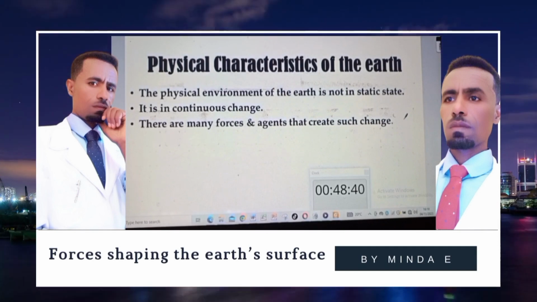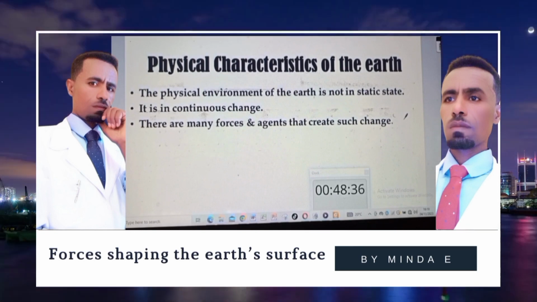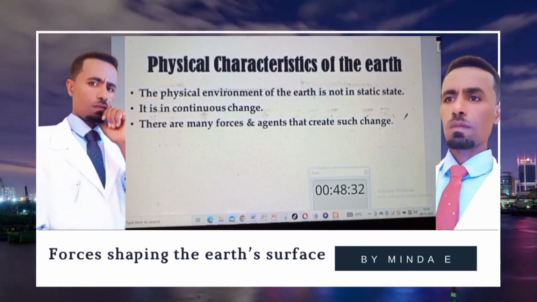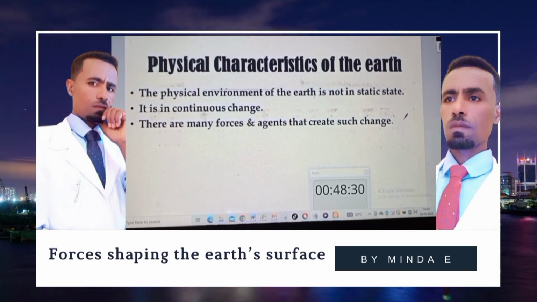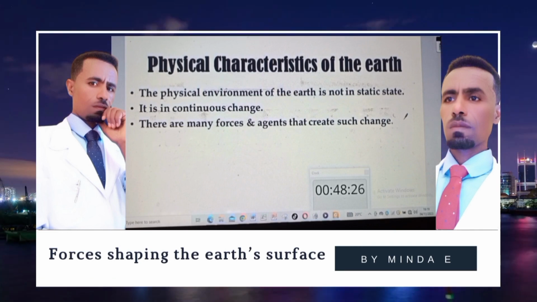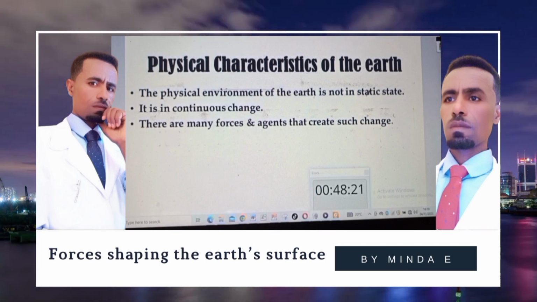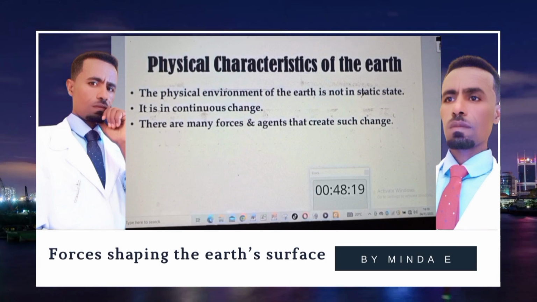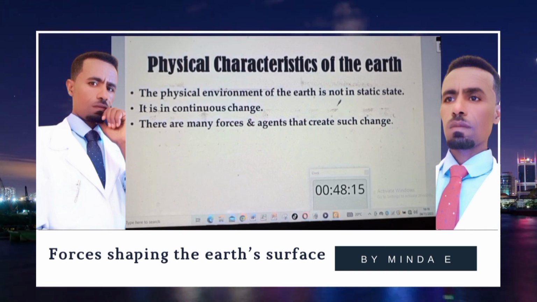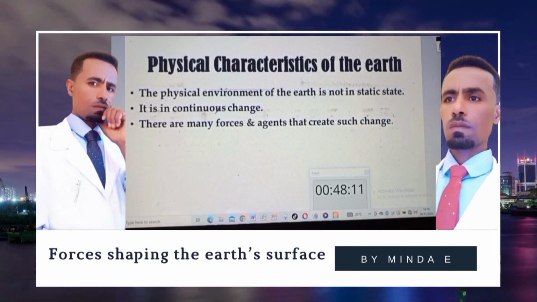So when we talk about the physical characteristics of the Earth, we are talking about the physical environment of the Earth. The physical environment of the Earth is not in a static state. It is dynamic. It changes from time to time. This means it is in continuous change.